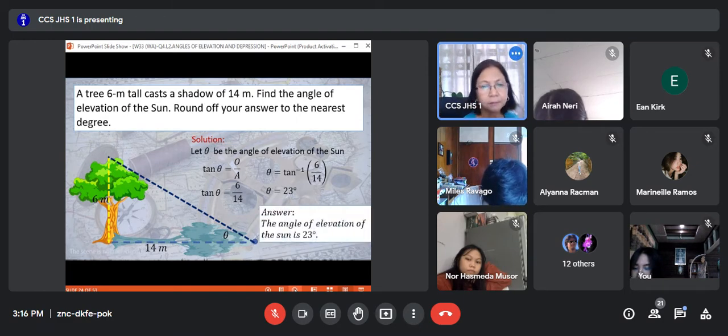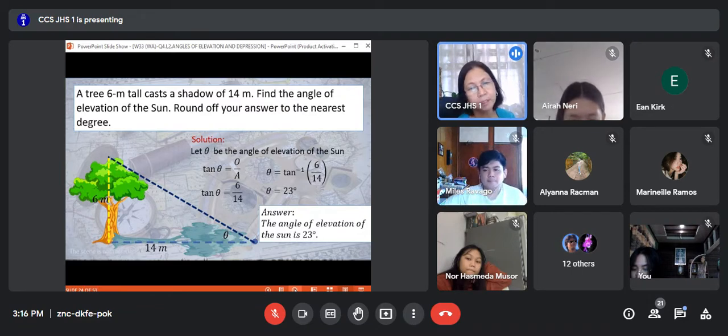Stated in sentence form, the angle of elevation of the sun is 23 degrees.